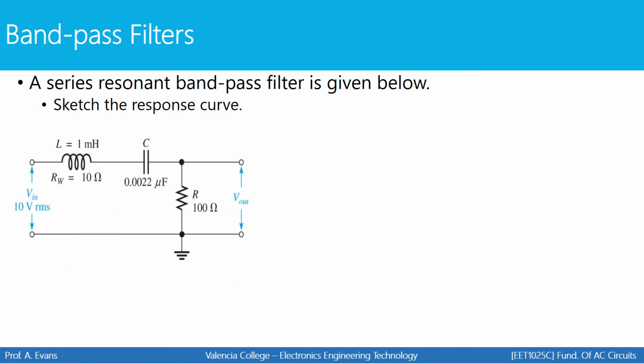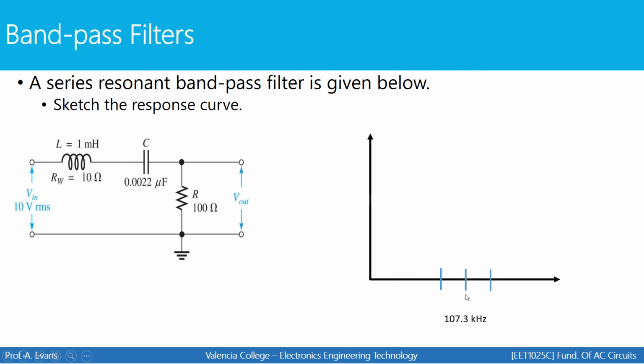Now we're going to sketch the response curve for this particular filter. To do this, you're going to start by drawing an XY axis. Then we're going to add our center frequency. And then we're going to add our two critical frequencies, one to the left and one to the right. But how do we determine these? These two frequencies are based on where your center frequency lies and the bandwidth. How wide is the window for the frequencies that can pass?